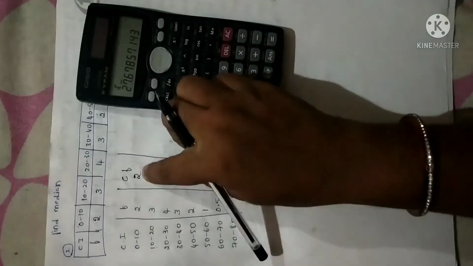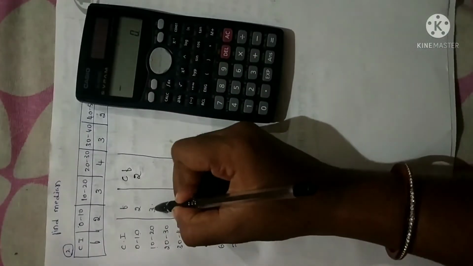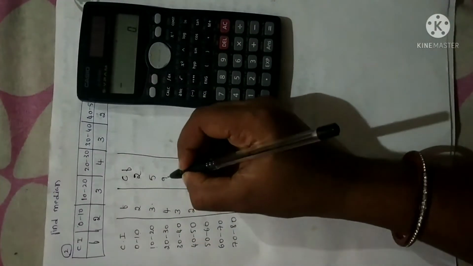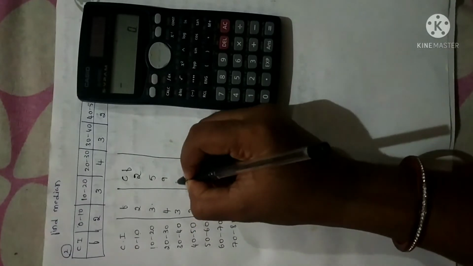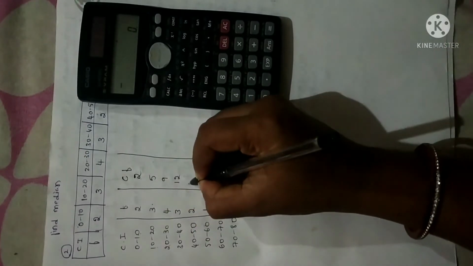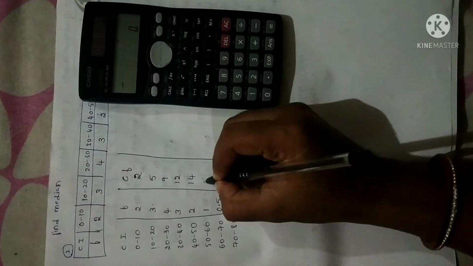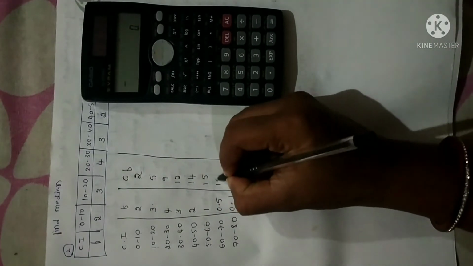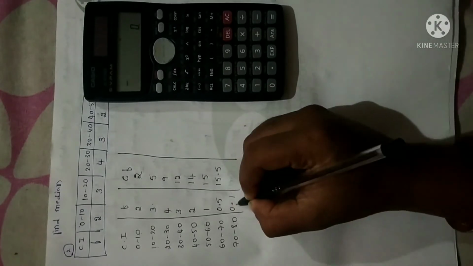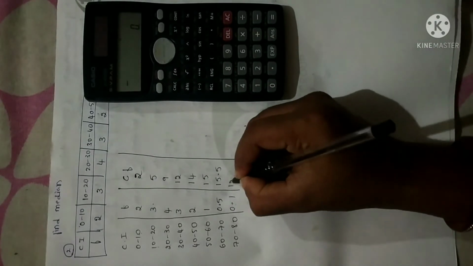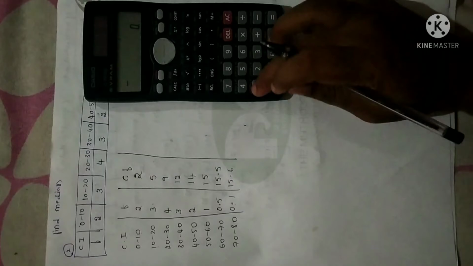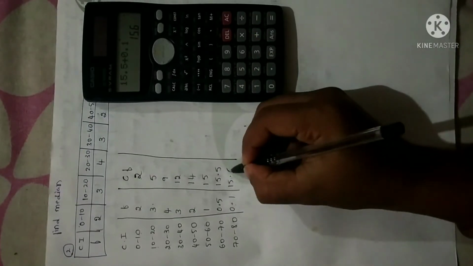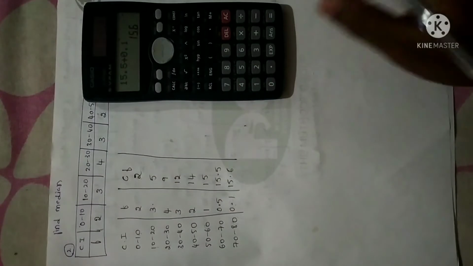Now add this value with this value. 3 plus 2, 5. 5 plus 4, 9. 9 plus 3, 12. 12 plus 2, 14. 14 plus 1, 15. 15 plus 0.5, 15.5. 15.5 plus 0.1, 15.6. If you want, you can cross check. So we have calculated the cumulative frequency.